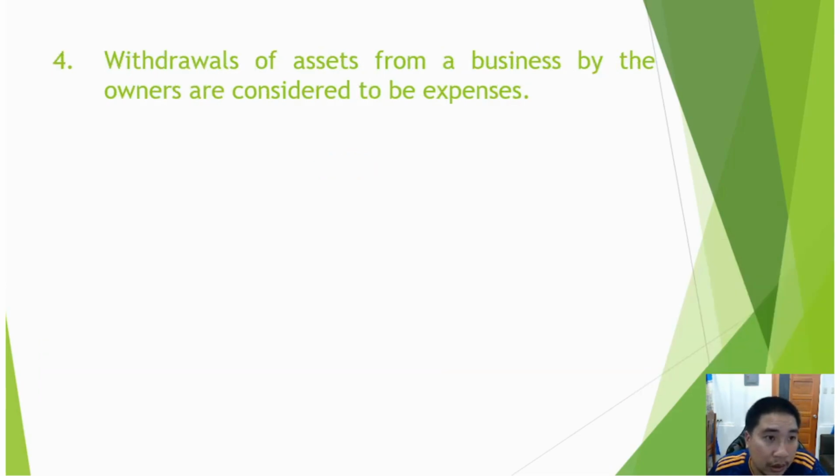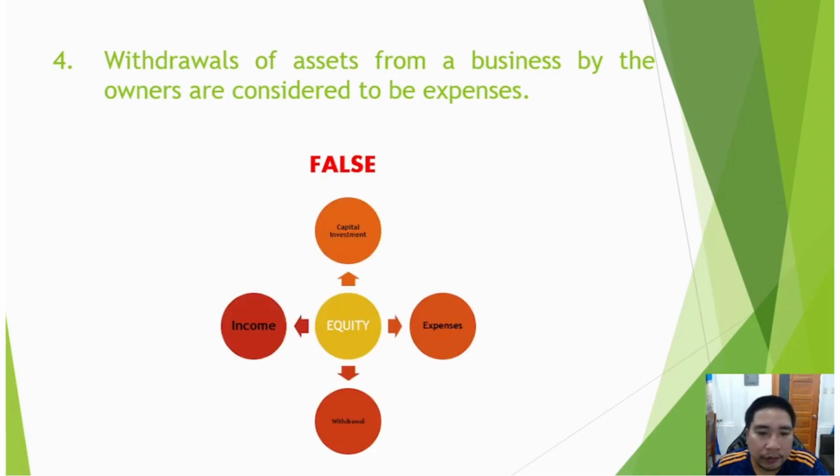Number 3 is true. Number 4, withdrawals of assets from a business by the owners are considered to be expenses. This statement is false. And the reason why this is false is because withdrawals are obviously different from expenses.